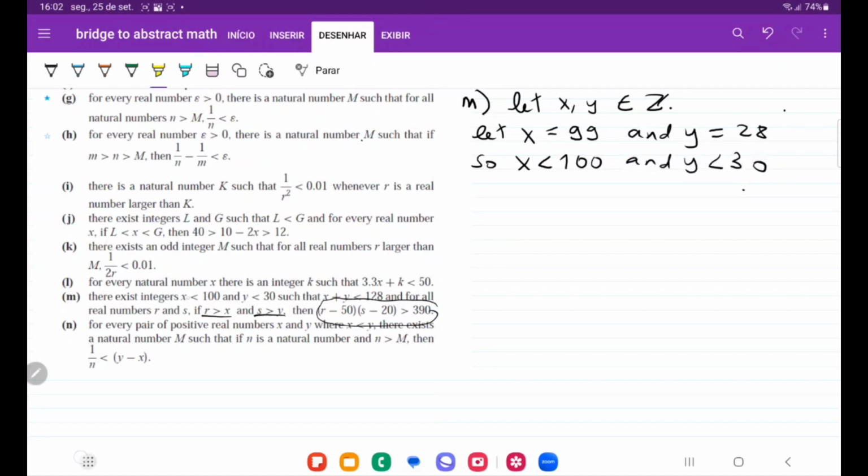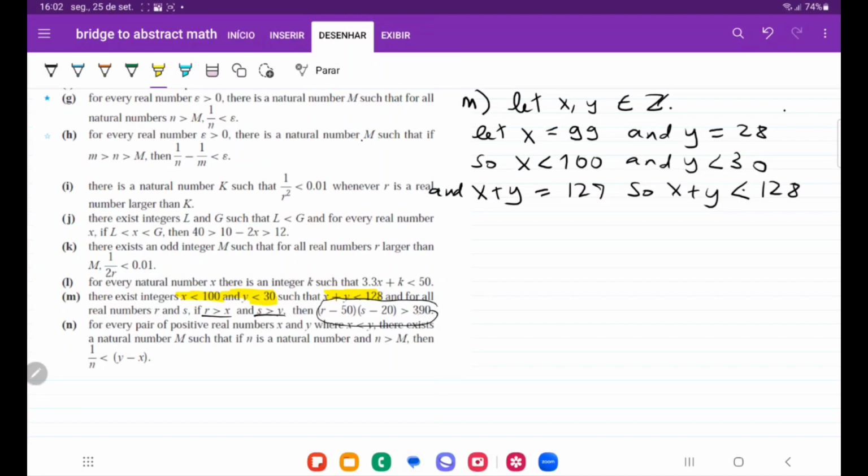So what we've done here is that we've shown that it meets this criteria, and x plus y is going to be equal to 127. So x plus y is going to be less than 128. So we have shown this.